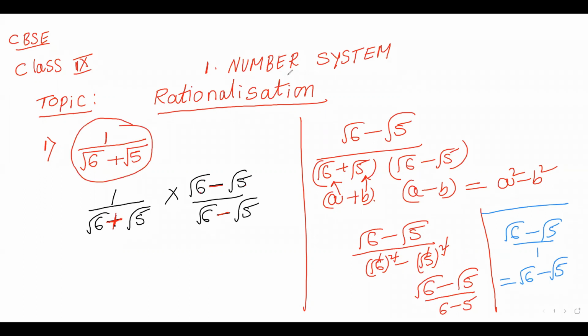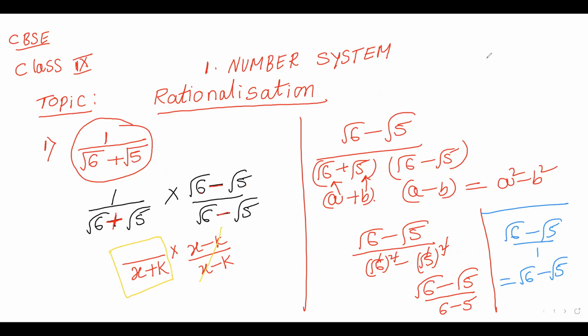So in the first problem, we came to know that if x plus k is in the denominator, then the rationalizing factor will be x minus k. You should multiply and divide with x minus k. In mathematics, whenever you multiply, you should divide so that both will get cancelled and the given question will not change.